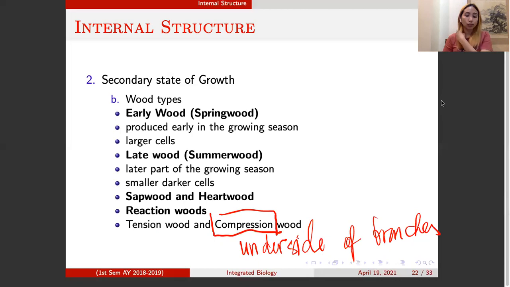Both these reaction woods are required for environmental stress, right? So that the plant or the branches can actually resist or can survive, no, environmental stresses. So pwede silang malakas ang hangin and nagsusflail lang yung mga branches, hindi sila agad napuputol because they are not too brittle. So that's what reaction woods are for.